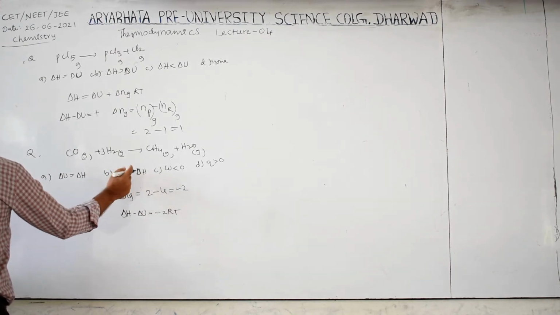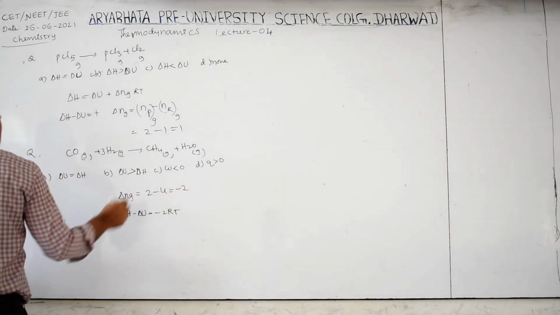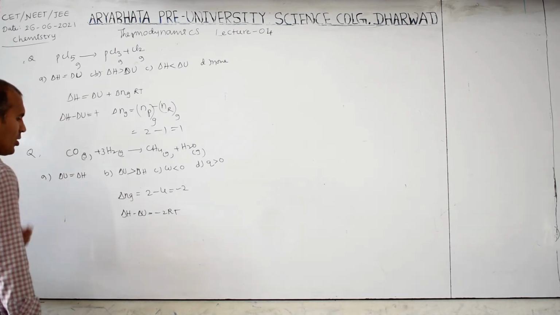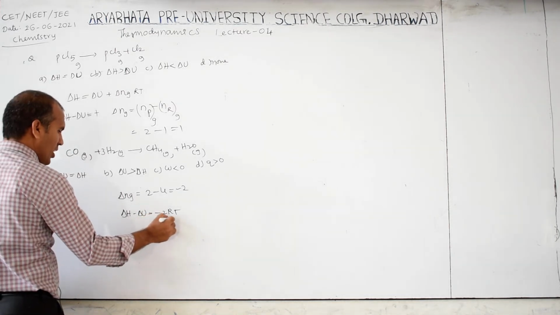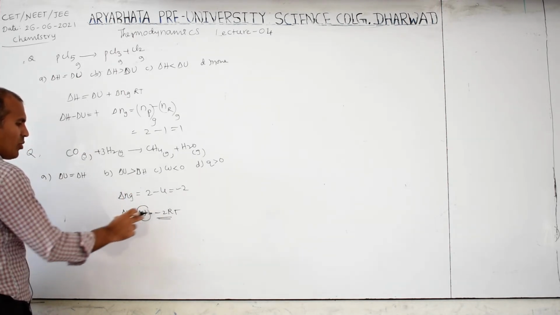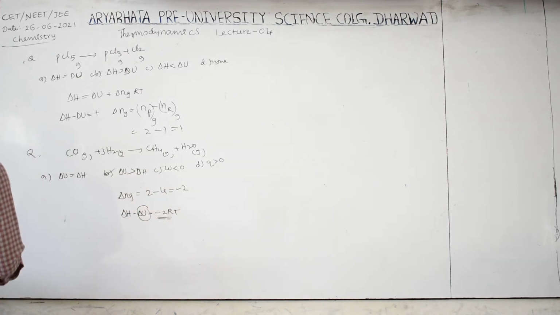This is delta U is greater than delta H, W less than 0, Q is greater than 0. To get negative on the right side, delta U should be greater. Then only we will get the right side negative. Therefore, option B is correct.